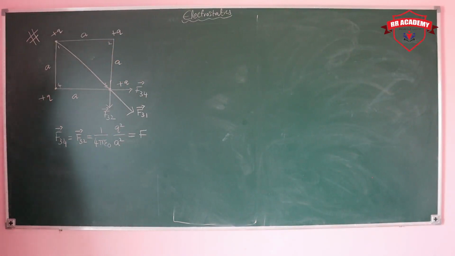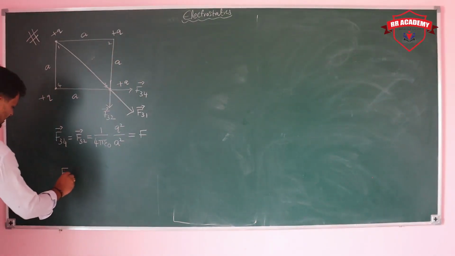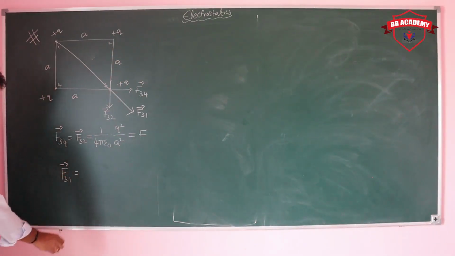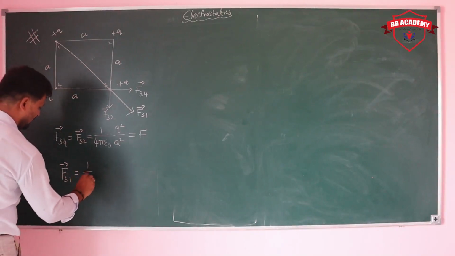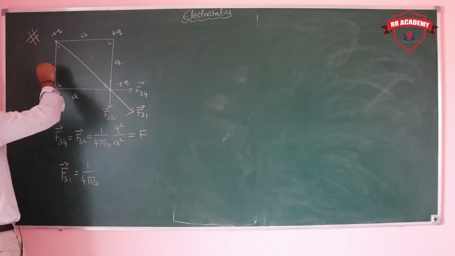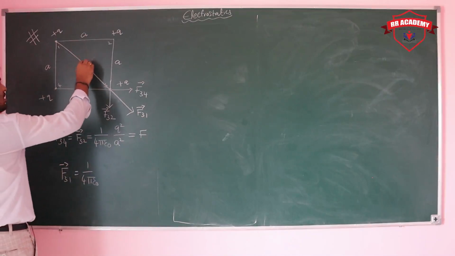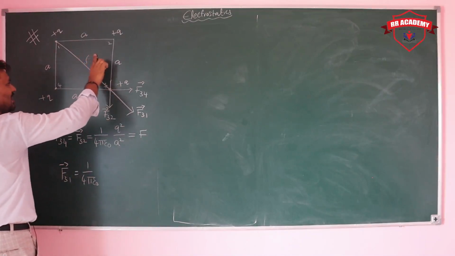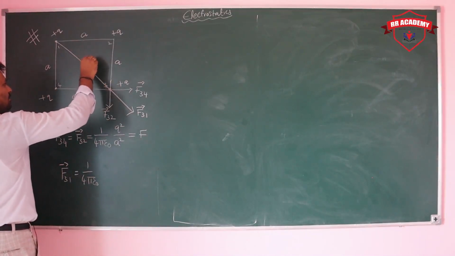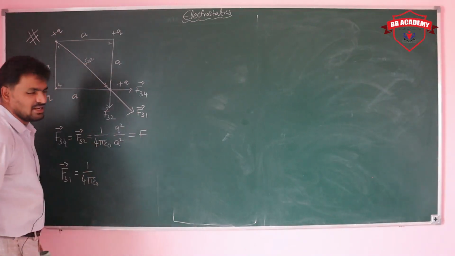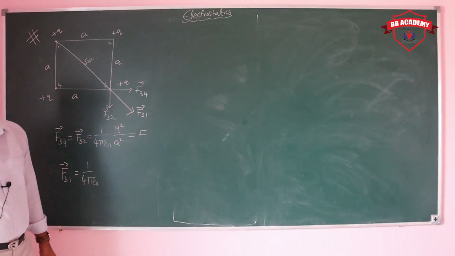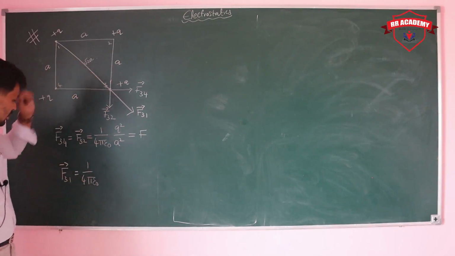And also take F31, force on 3 by 1. The value is 1 upon 4 pi epsilon naught. First find the distance. How much is the distance between these two? It is √2a from Pythagoras theorem: side square plus side square, opposite square plus adjacent square is equal to hypotenuse square, √2a.